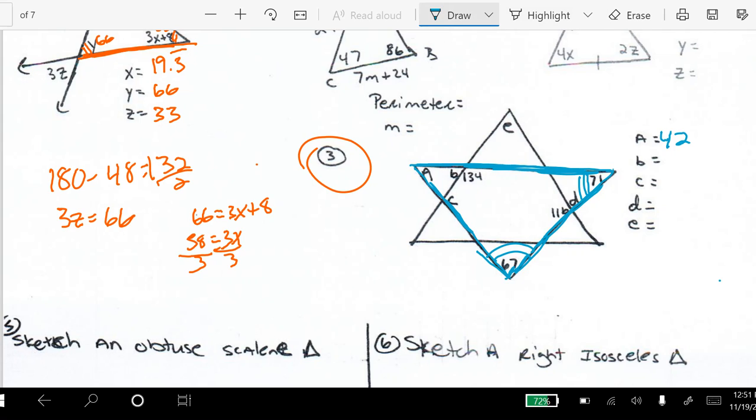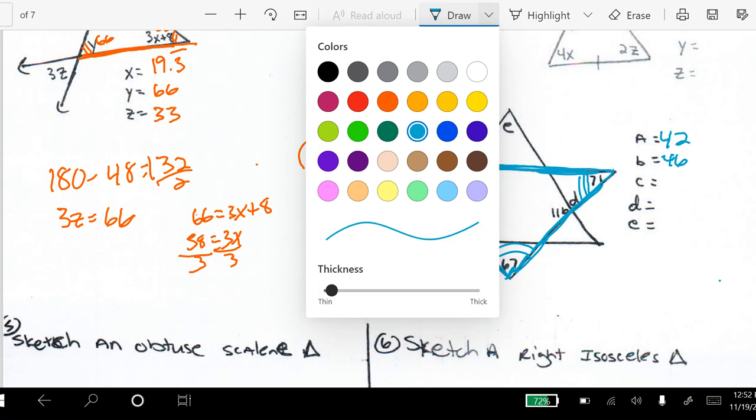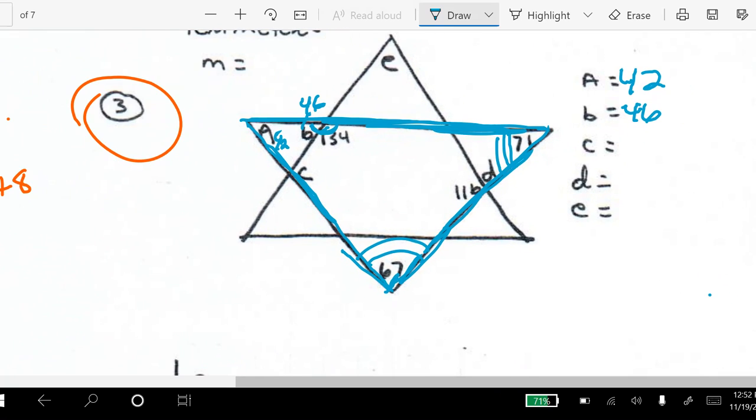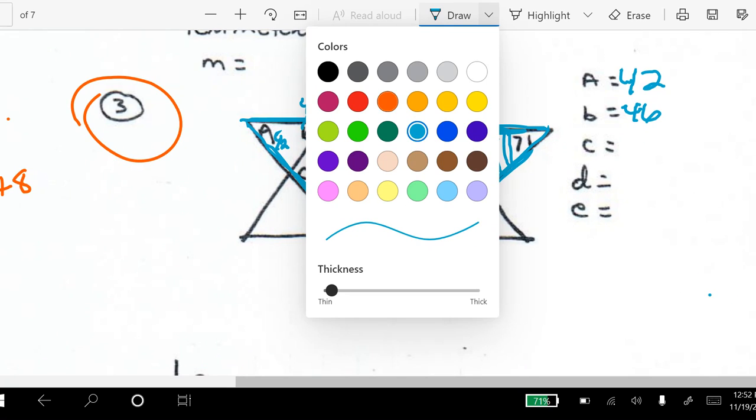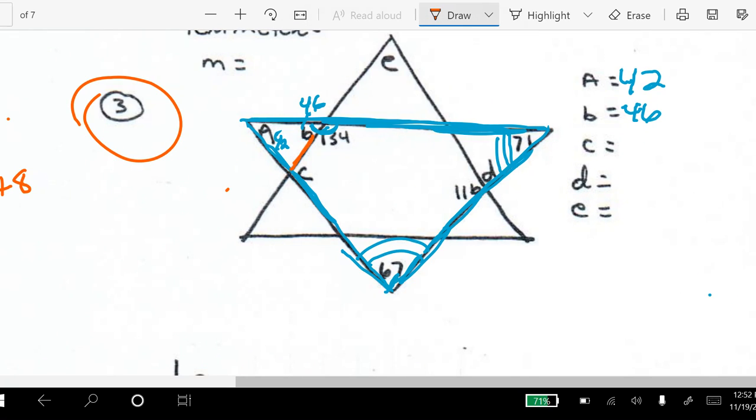The next one I need to do is get B. To get B, it's going to be 180 minus 34 because these are a linear pair. So it's 46. To get C, to continue working our way around this circle here, I need to use this orange triangle.